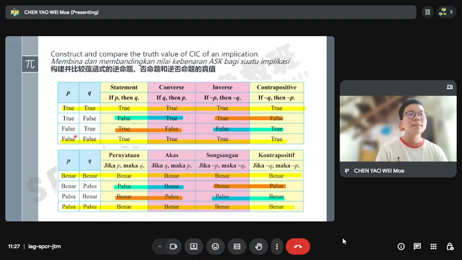Every such condition must be true. If one of the statements is false, what happens? P is true, Q is false, then the next two will rotate. You rotate to become false true and true false. Here is false true, here must be true false, like this.